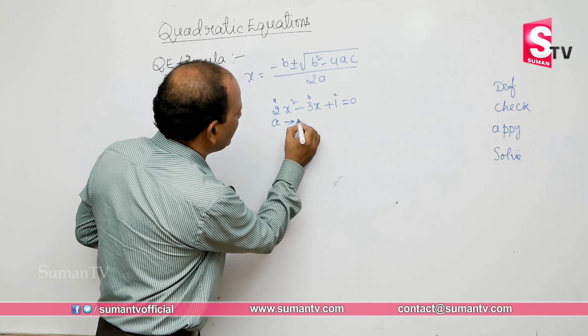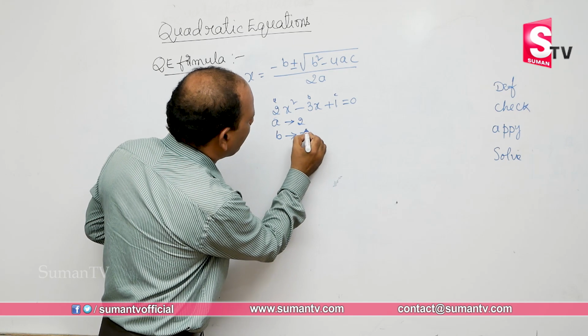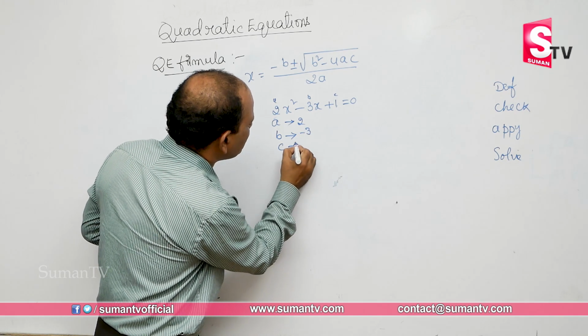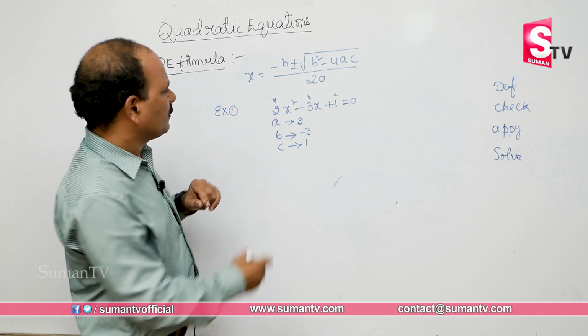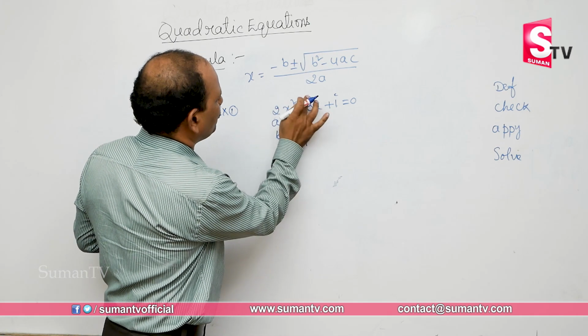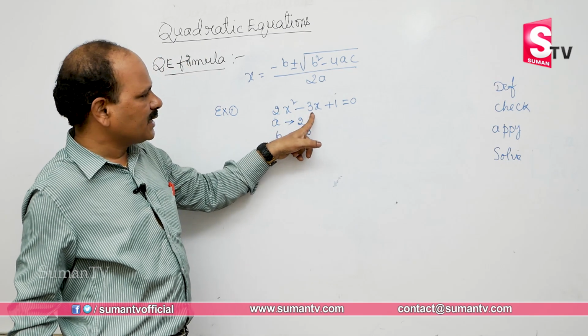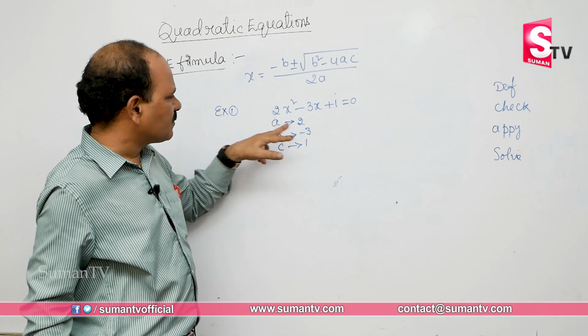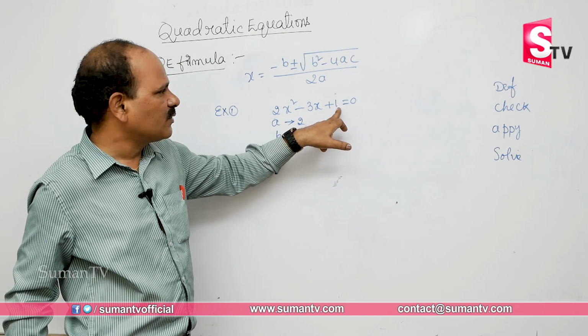I am writing here clearly: ax square plus bx plus c. Here a is plus 2, b is minus 3, c is plus 1, is equal to 0.